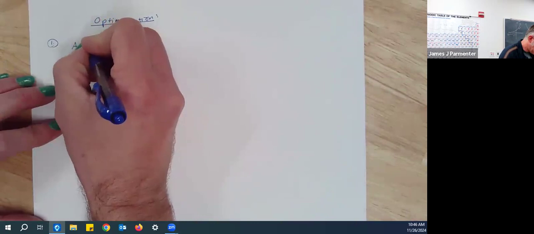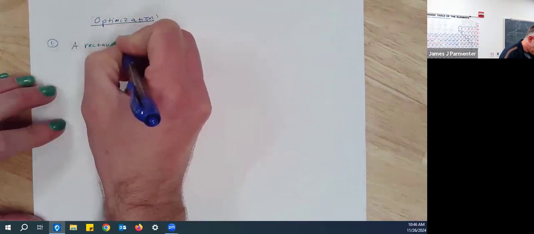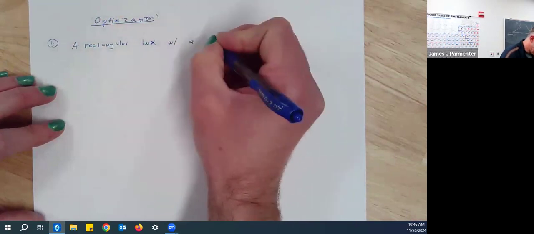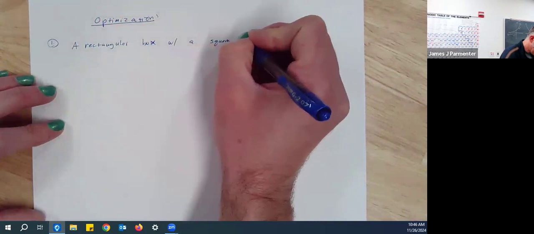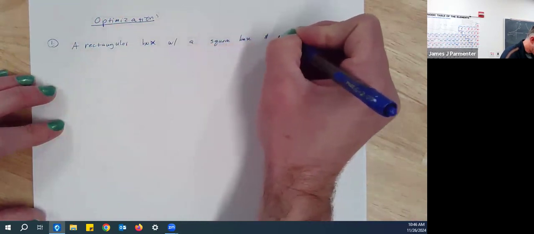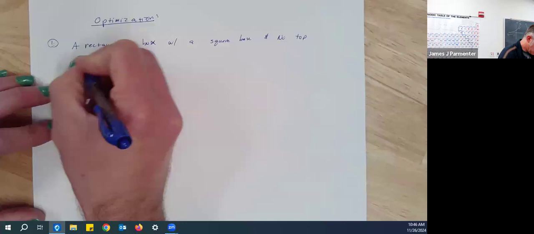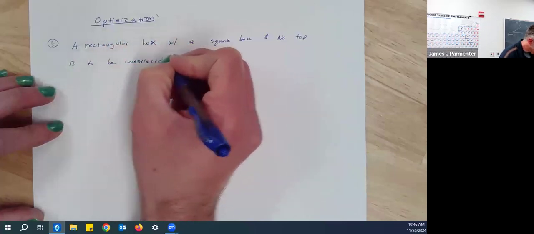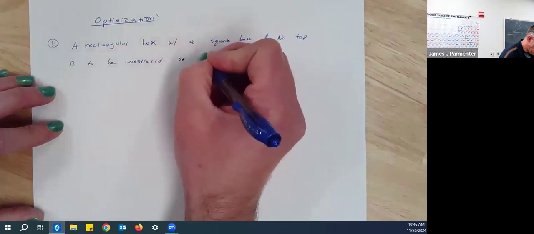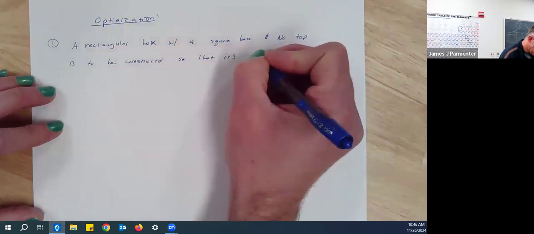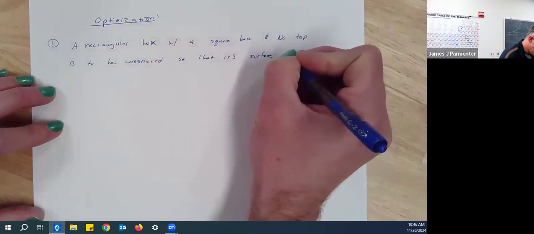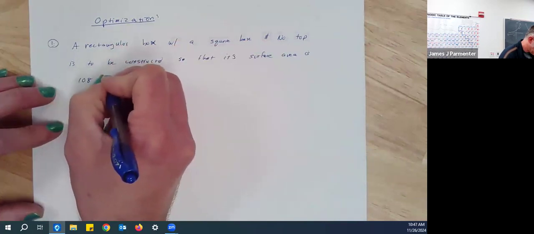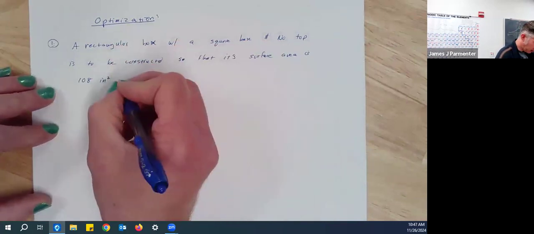A rectangular box with a square base and no top is to be constructed so that its surface area is 108 square inches of material.